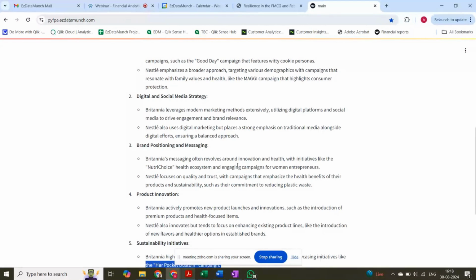So it is very intelligently giving us information which otherwise would take a fair bit of time to extract from that PDF document.